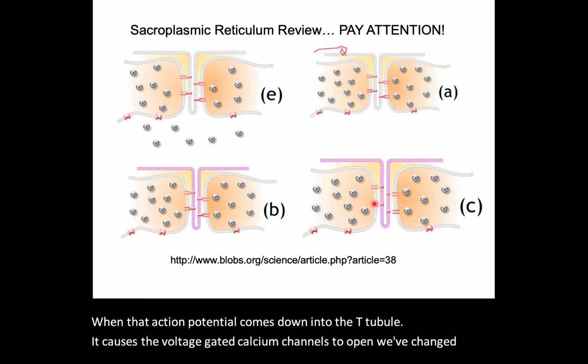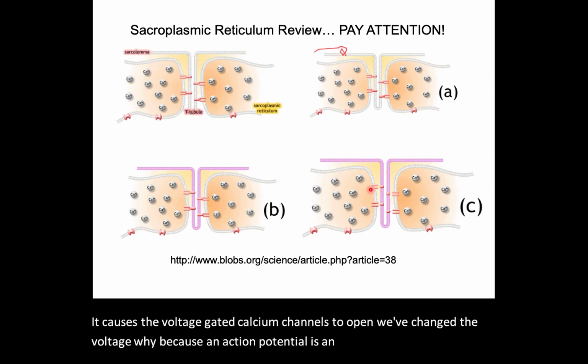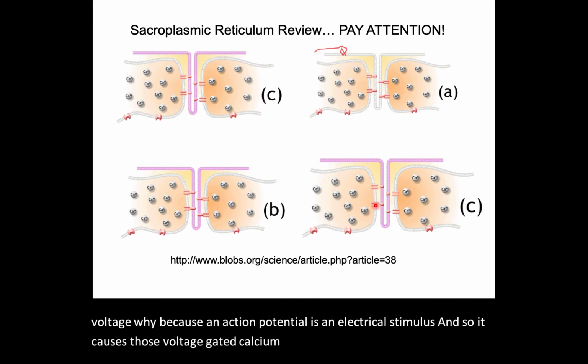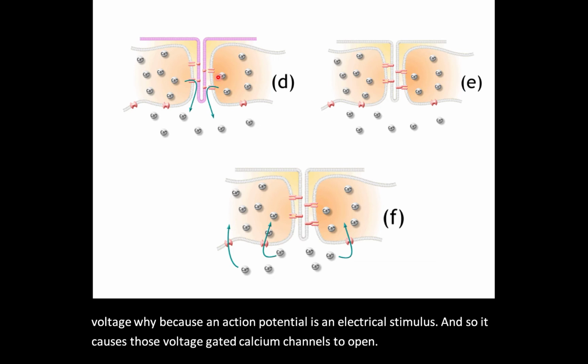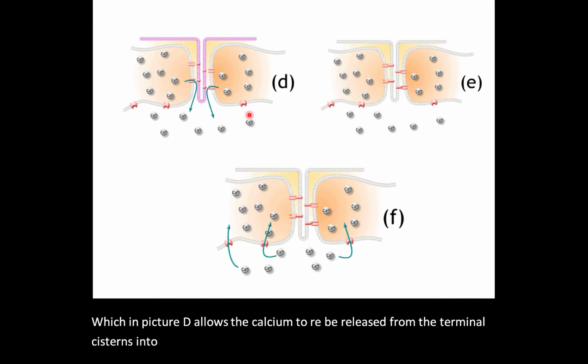Why? Because an action potential is an electrical stimulus. And so it causes those voltage-gated calcium channels to open, which in picture D allows the calcium to be released from the terminal cisterns into the sarcoplasm.